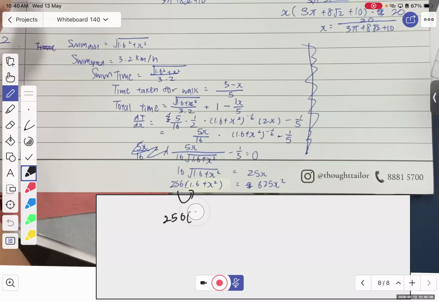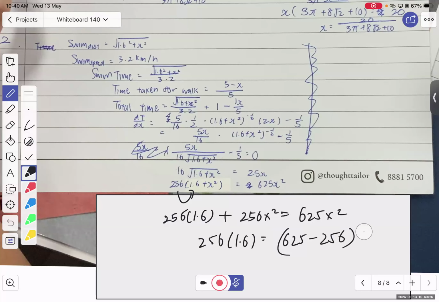Like that, right? Plus 256 x squared equals 625 squared. Then 256 times 1.6 equals 625 minus 256 x squared.